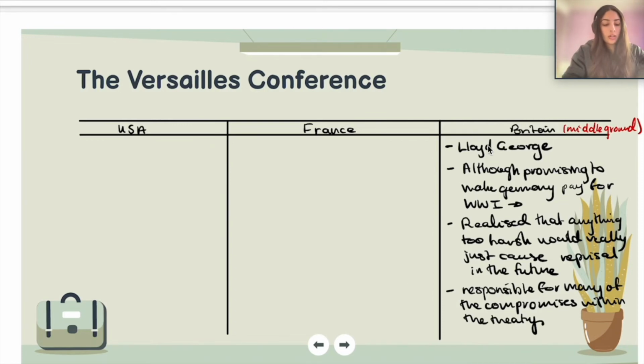Okay, now looking at France, and they had a very destroy Germany sort of stance. And so this was Clemenceau, who, as I said, you want to be referring to as the Tiger.